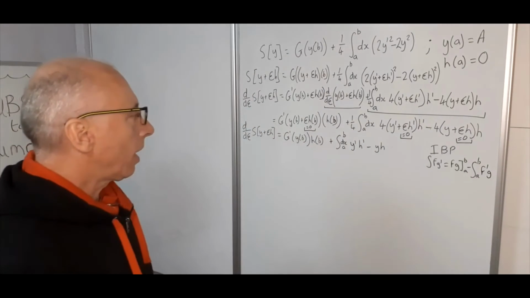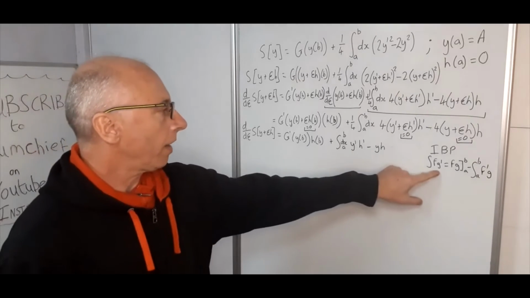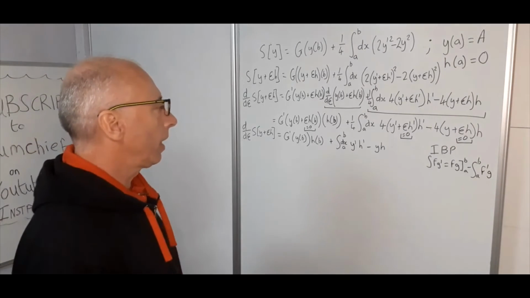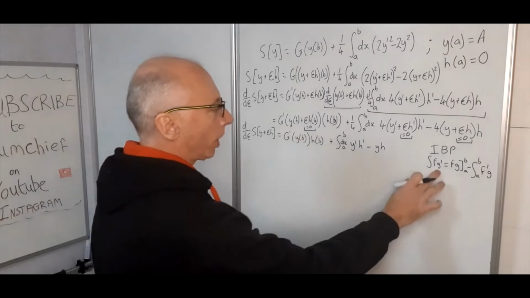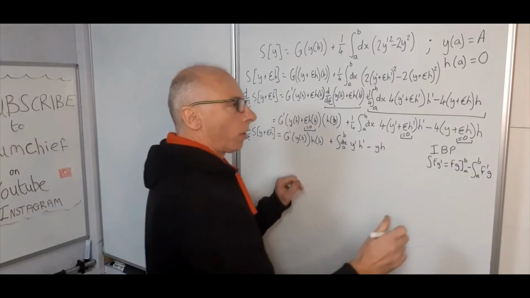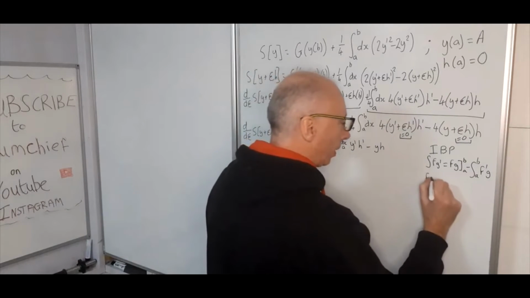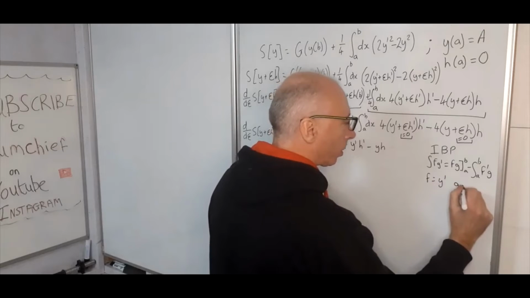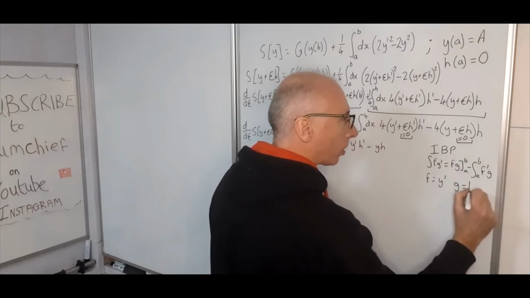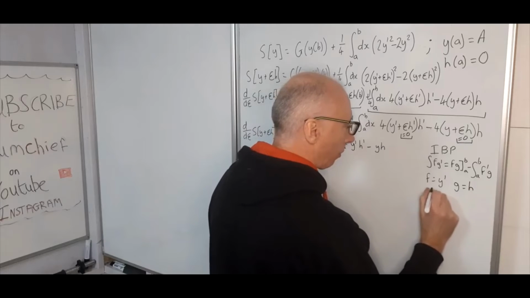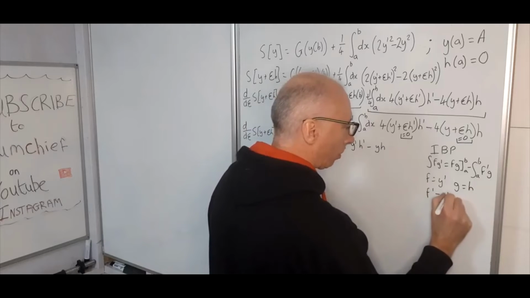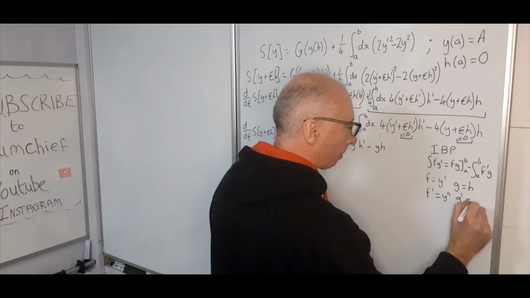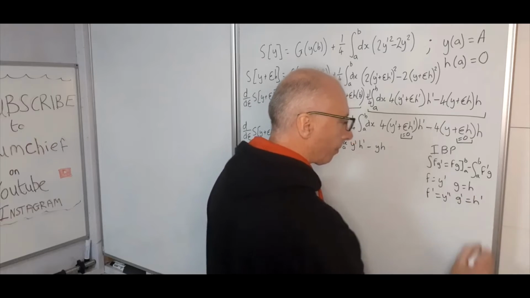So we need to work out which function we're going to set to f and which function we're going to set to g. So for this one we'll set f equals y prime, g equals h, which will then give us f prime equals y double prime, and g prime equals h prime.